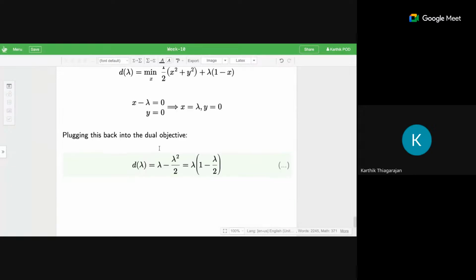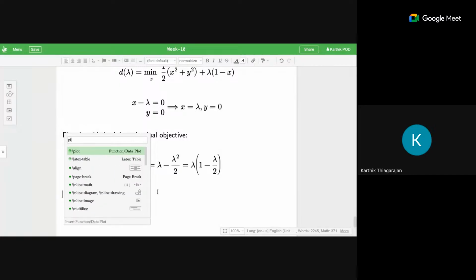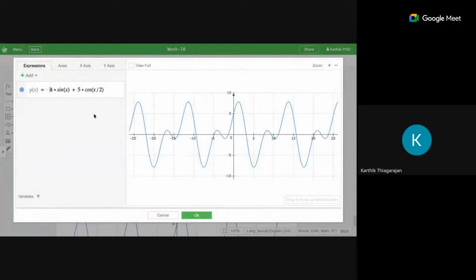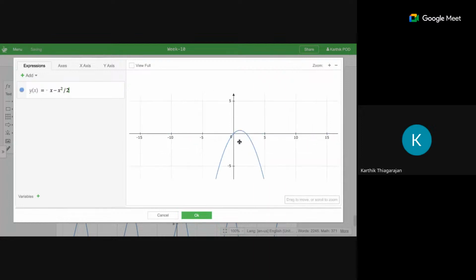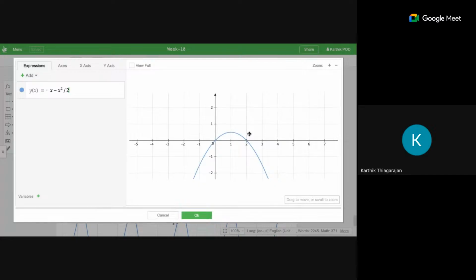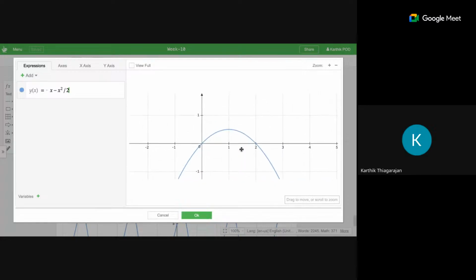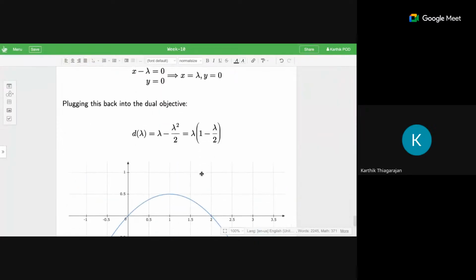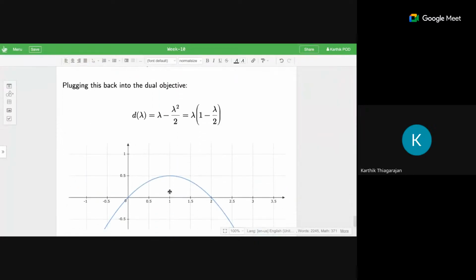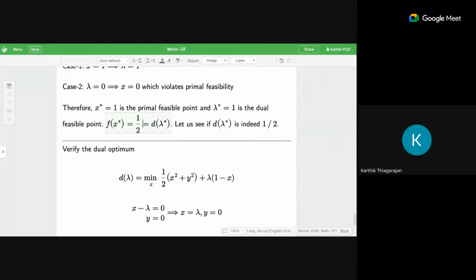And if you plot this, this will be a concave parabola, right? So once again, we can see that the function is concave. So the dual function is always concave. So lambda minus lambda square by 2, and the maximum occurs at 1, and the value is half, which is what we wanted to see, okay?